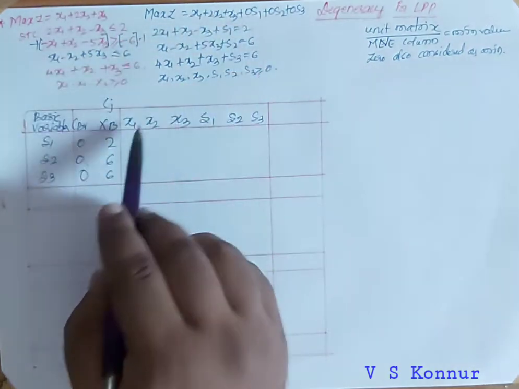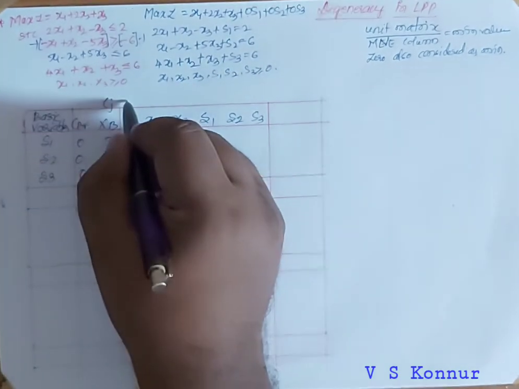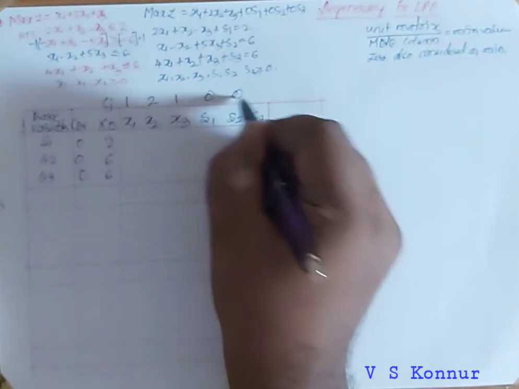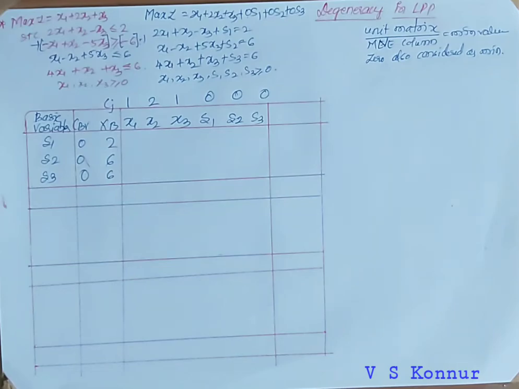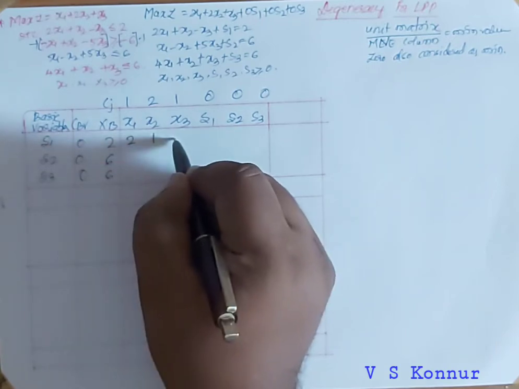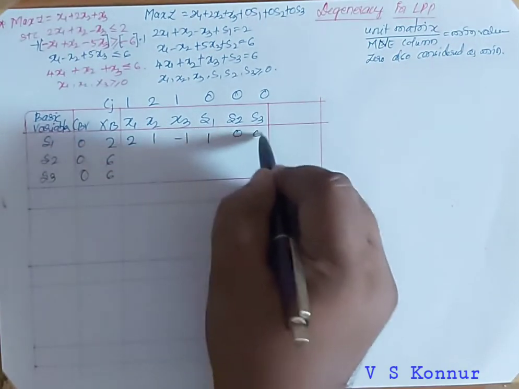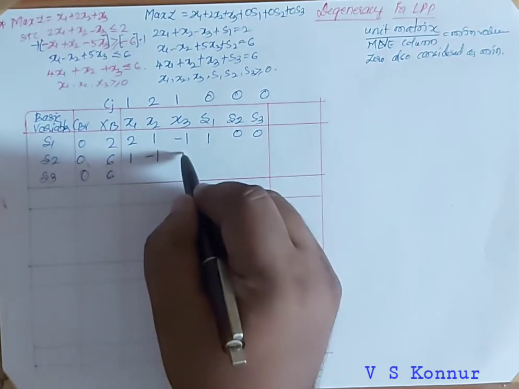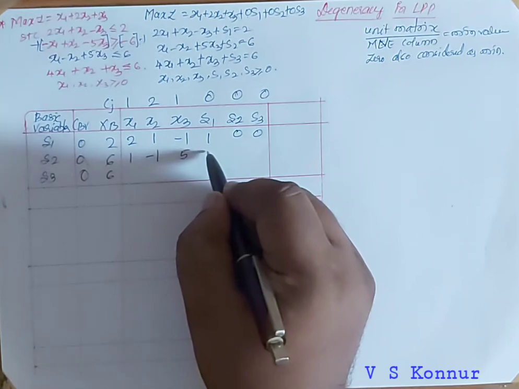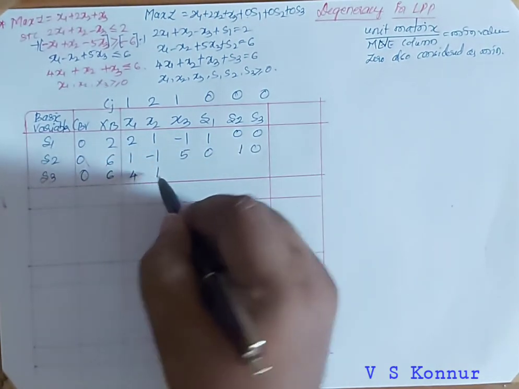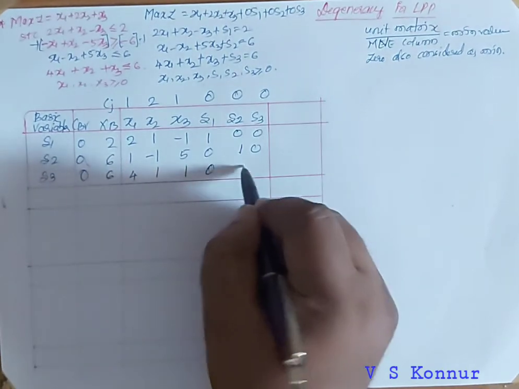From the objective function, the coefficients are 1, 2, 1, 0, 0, 0. Now the first constraint I will take 2, 1, minus 1, 1, 0, 0. Second constraint 1, minus 1, 5, 0, 1, 0. Third 4, 1, 1, 0, 0, 1.